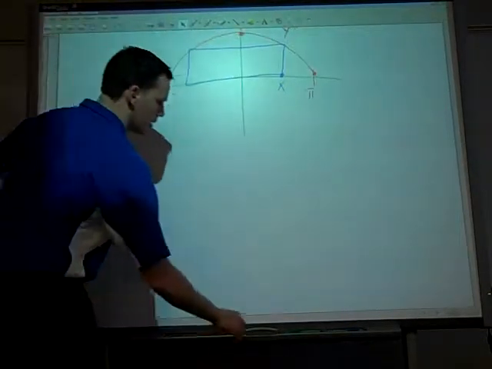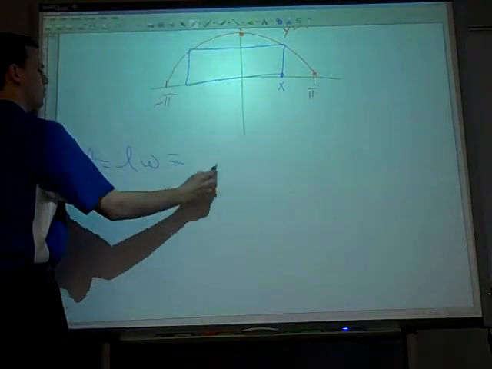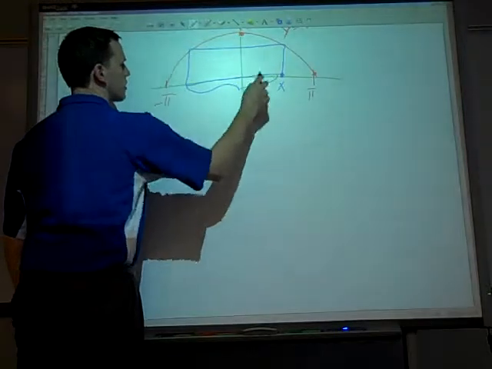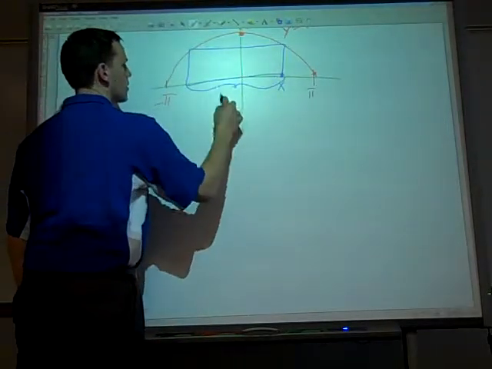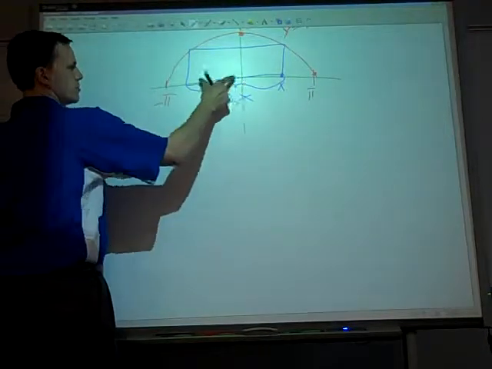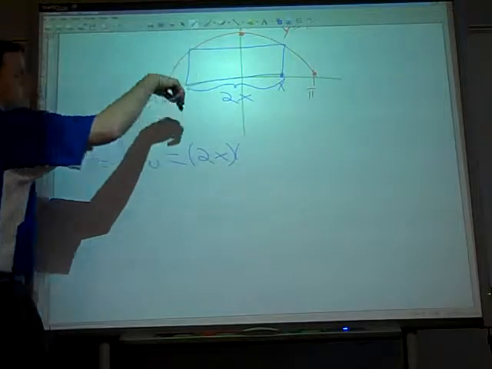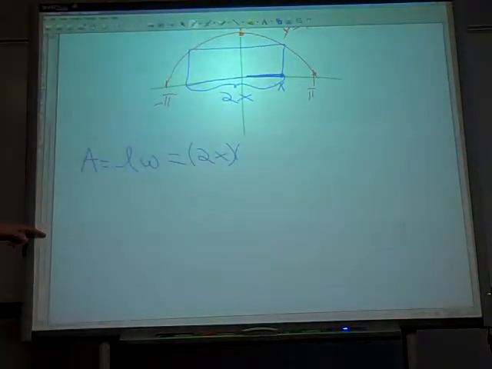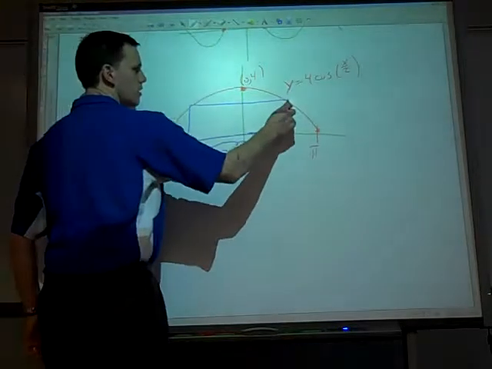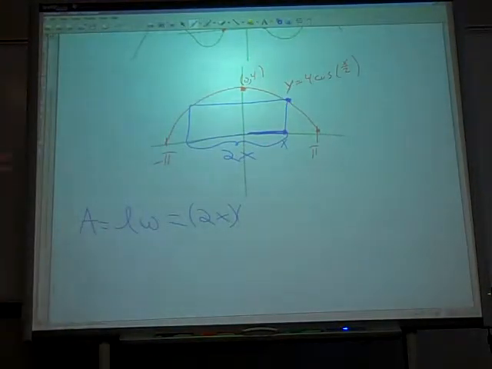So area is equal to length times width. But the length, what is this length? That's 2x, because they're supposed to be the same on each side. And the width, or maybe the height, however you want to call it, it's the y value right here. Well, we want to write everything in terms of the same variable.